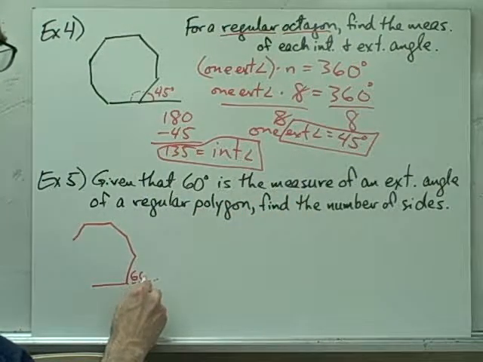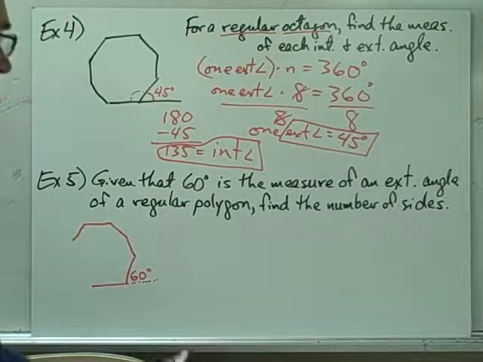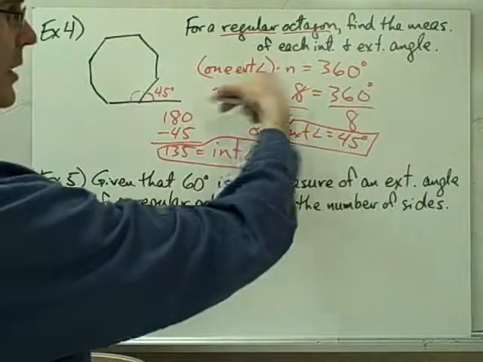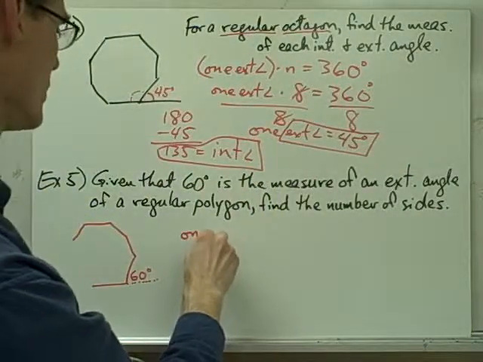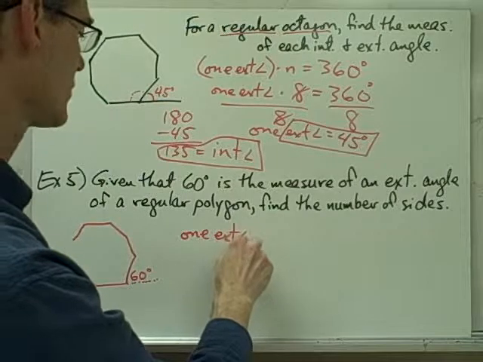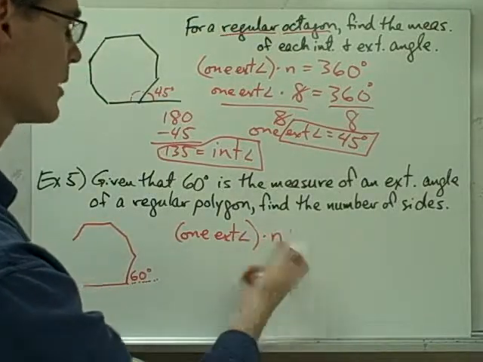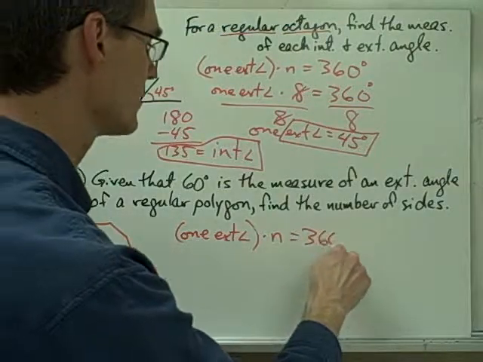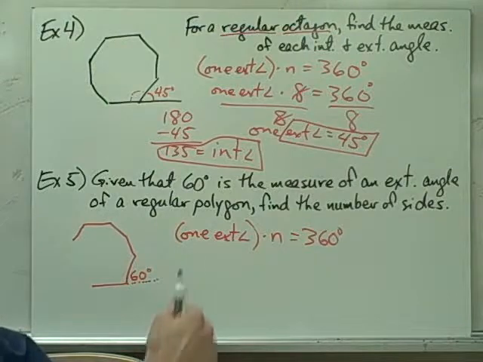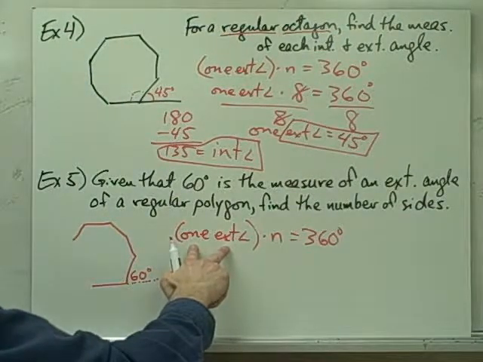So if this angle here, one of my exterior angles, is 60 degrees, once again I can use this formula for regular polygons, which is that one exterior angle times n, the number of sides in my polygon, equals 360 degrees. Well, in this case, I don't know the number of sides, that's what I'm looking for, but I do know the measure of one exterior angle.